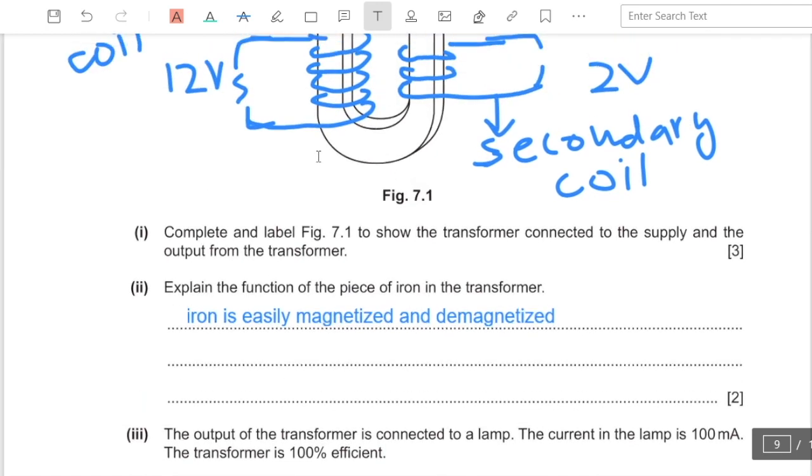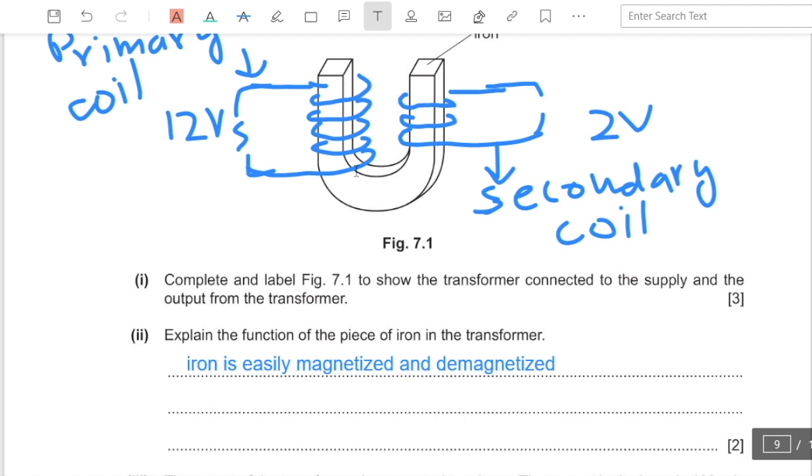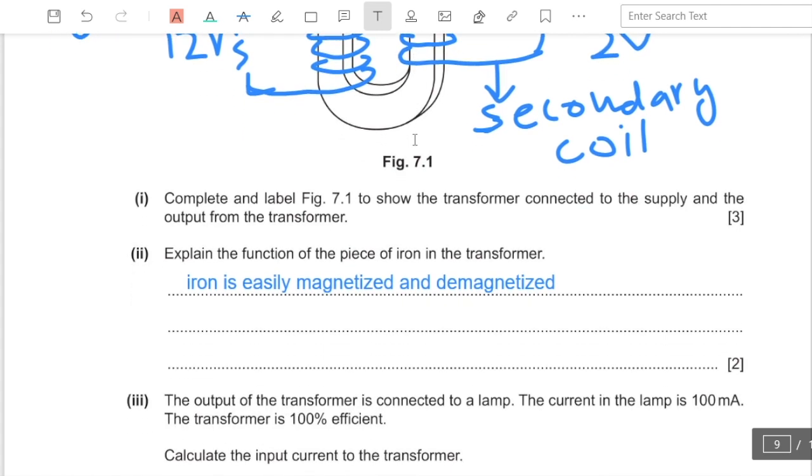And the second reason is the shape of the U-shaped magnet, and because of this, once magnetism is induced in the primary coil, it links with the secondary coil, and that helps for the EMF induction.